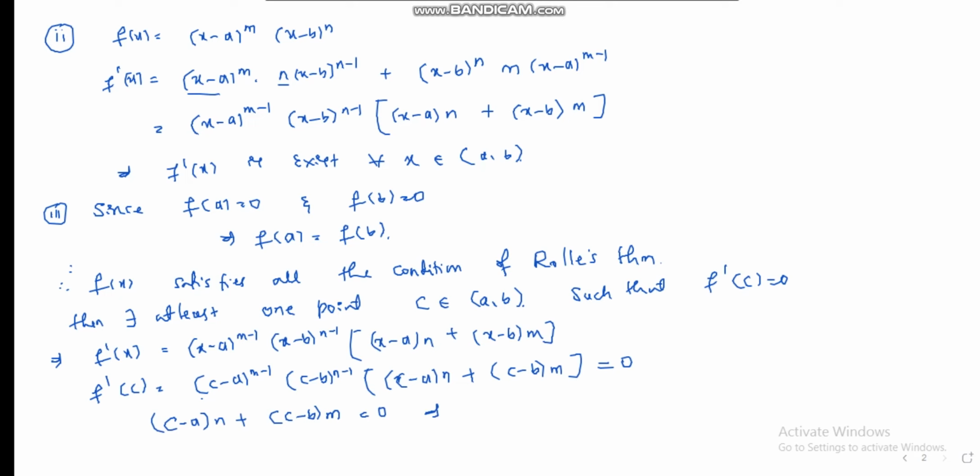This implies cn minus an plus cm minus bm equals 0. Taking like terms on one side, cn plus cm minus bm minus an equals 0.